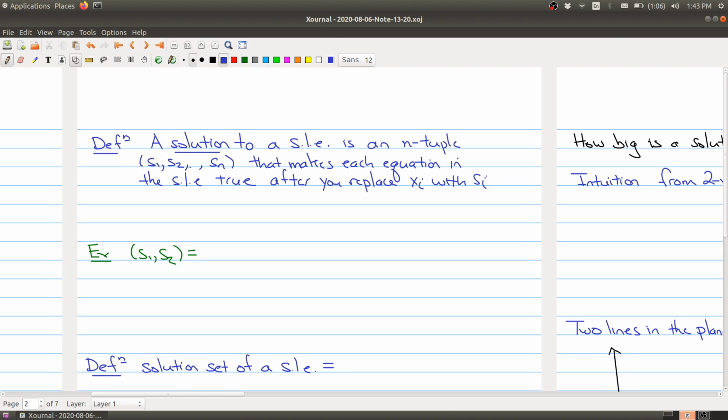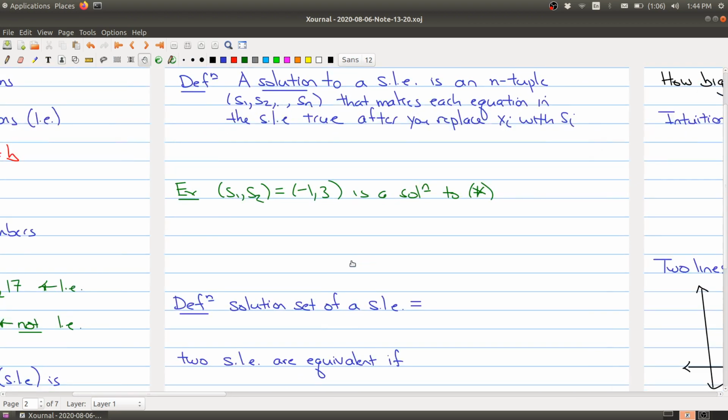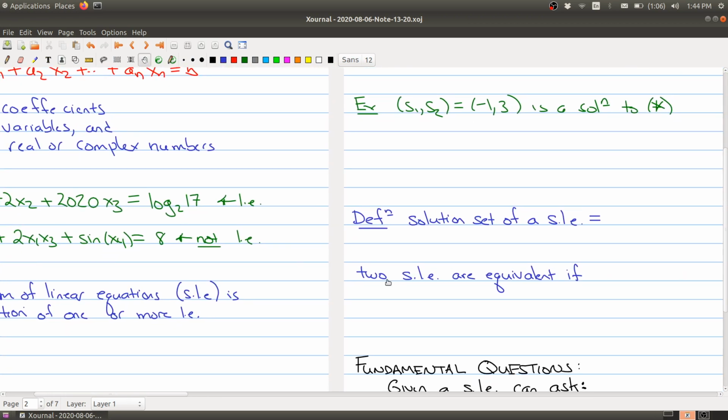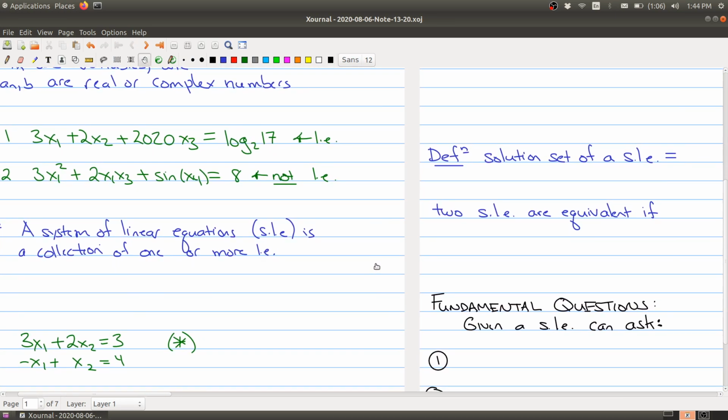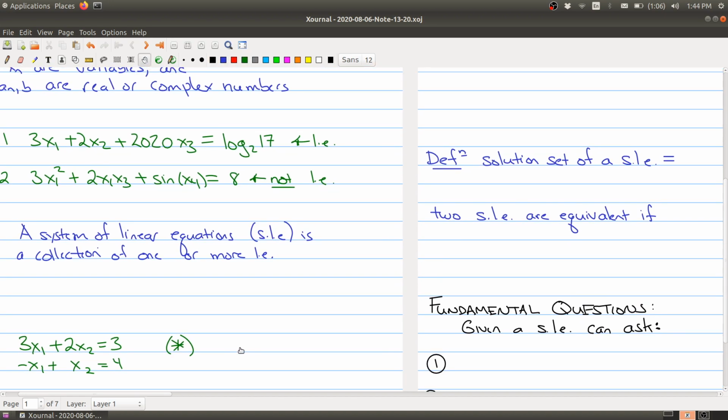So let's make this a little bit more concrete. If I take the pair, this would be a two-tuple because I have two elements. If I took the pair negative 1, 3, well, this is a solution to my system of linear equations that I had before. Let's see if I can get both of them on the screen here. No, it vanished. But here, I'll just rewrite the solution down here.